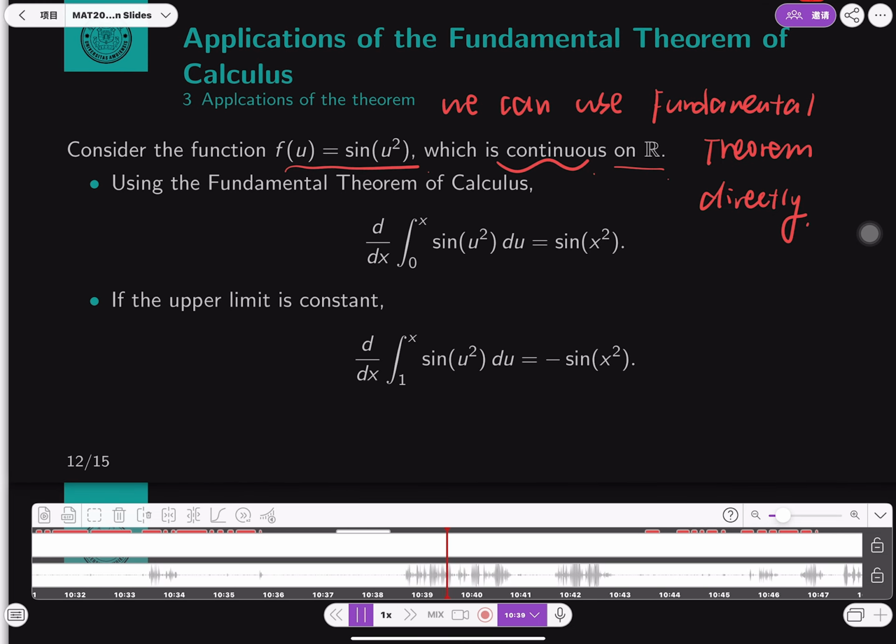This is especially useful because integrals like this one cannot be expressed using elementary functions. So we can use the fundamental theorem to help us. The theorem greatly simplifies these problems.